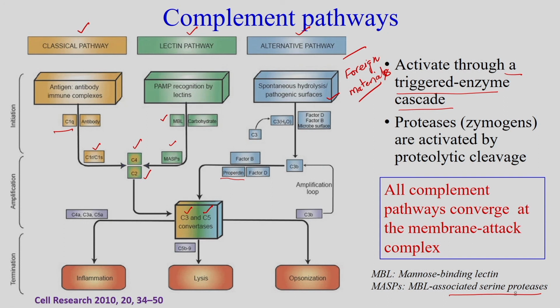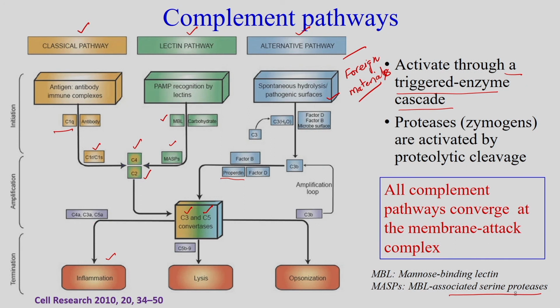And all three pathways end up with three final outcomes, that is, inflammation. For the inflammation, C4a, C3a and C5a are responsible.